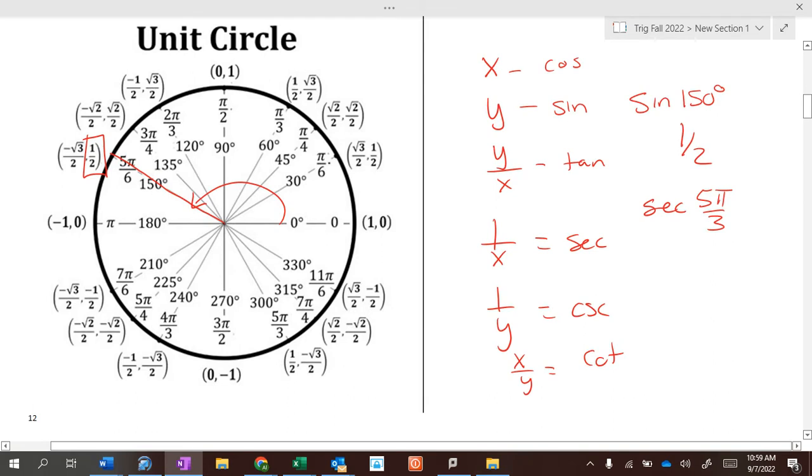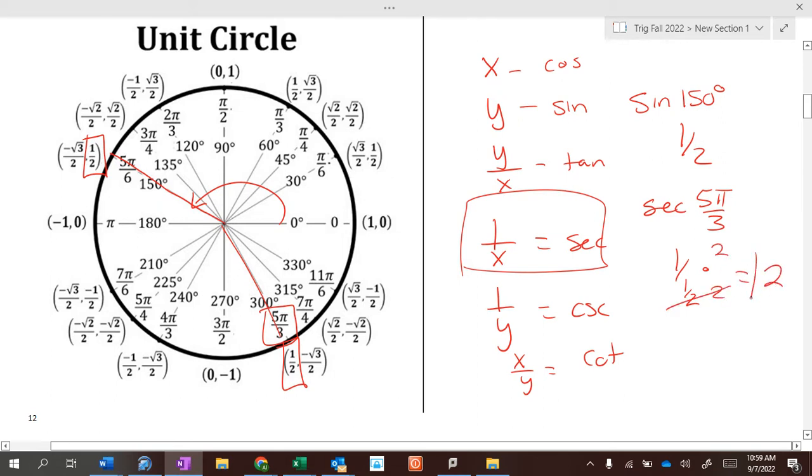Oh, this is not that bad. You find 5 pi over 3. Secant is 1 over x, right? So you take 1 over the x value. 1 over 1/2 is the same as if you multiply top and bottom by its reciprocal. Those cancel. It's 2, because the reciprocal of 1/2 is 2, right? So the secant of 5 pi over 3 is 2.